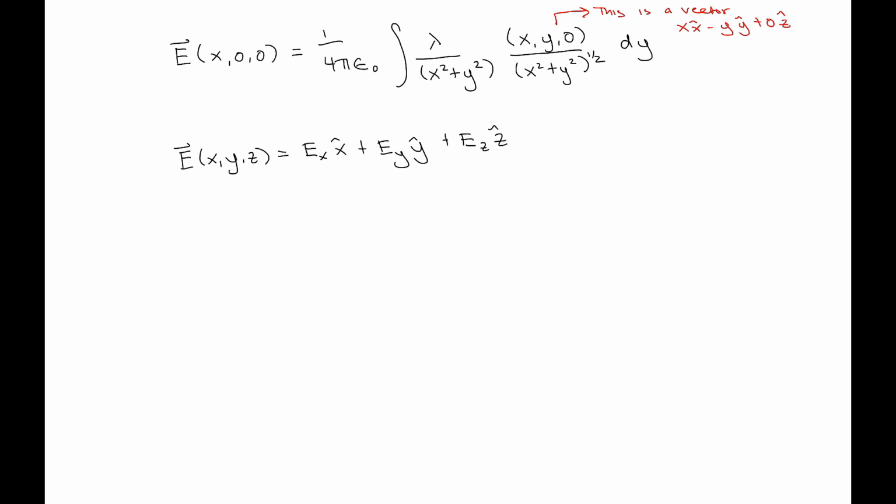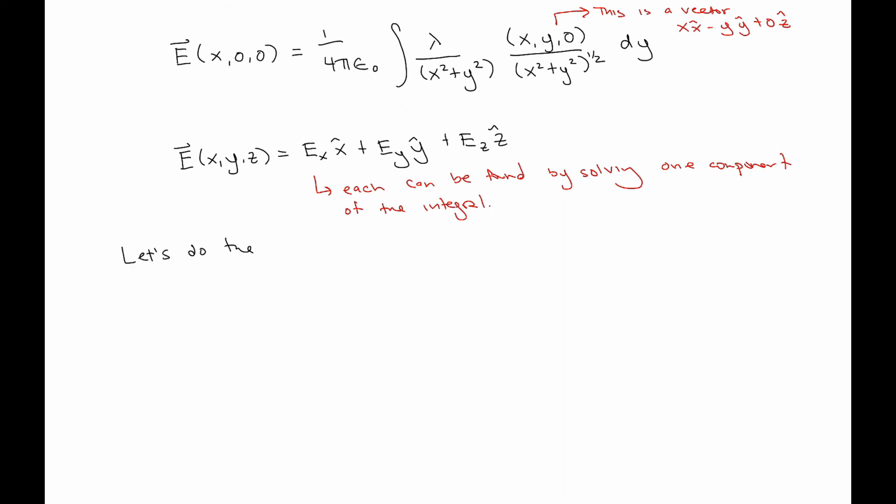Each of these can be found by solving one component of the integral. We're just going to do one here. You can do another one for fun. We're going to do the x component.